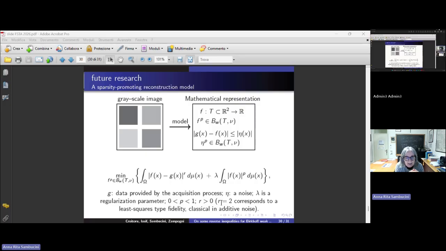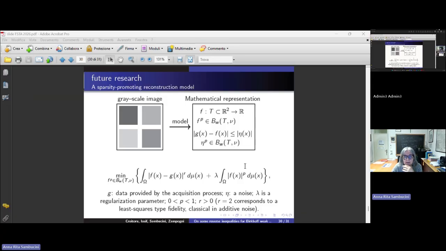We consider the minimization of this functional, whose first term measures the discrepancy between the candidate image F and the observed data G, while the second term, when P is between 0 and 1, promotes images with few non-zero components, and so preserves, for example, edges.